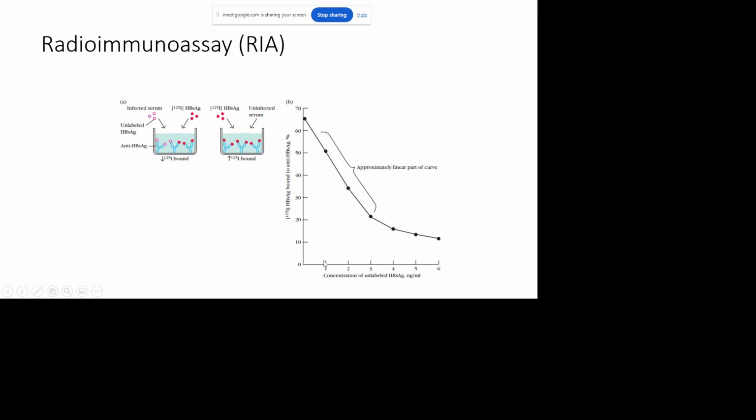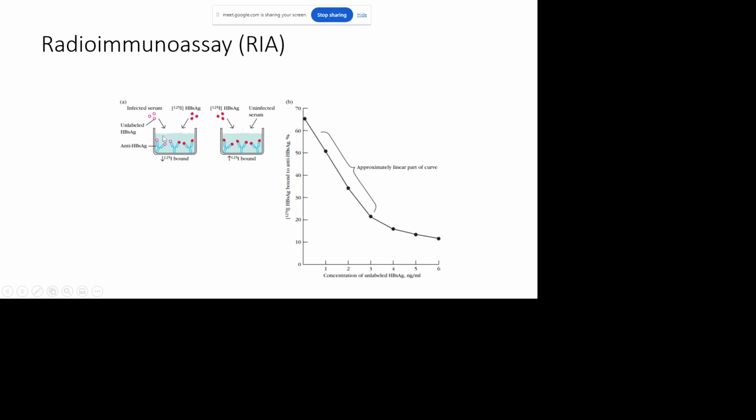So if we will plot a graph, if you increase the concentration of the unlabeled HBs antigen, means your serum which is infected, then the amount of radio level HBs antigen bound to the anti-HBs antigen will be decreased. So basically the radio intensity will be decreased if you increase the unlabeled HBs.